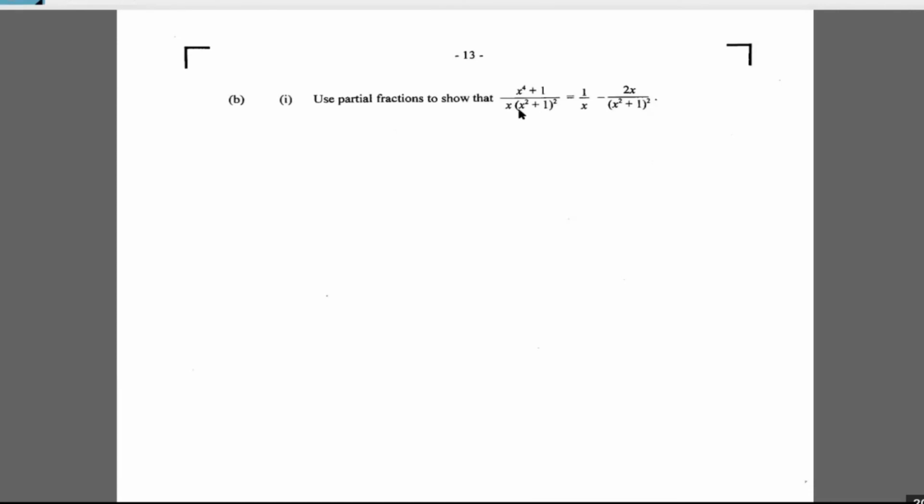This part is a repeated irreducible quadratic. So what I know in partial fractions is that x to the 4 being divided by x times x squared plus 1 all square.